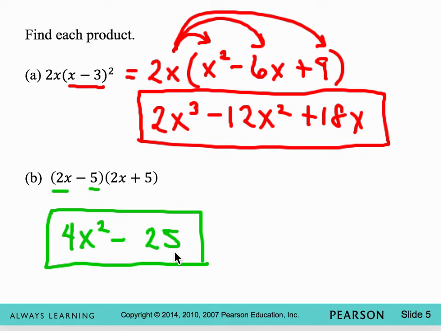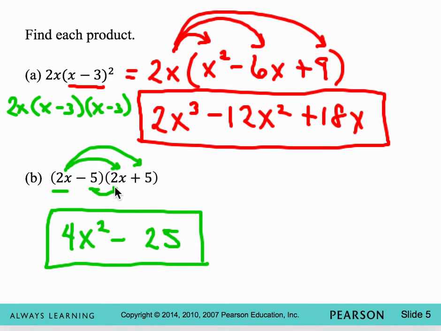Now, let me make one comment. Technically, if you're careful about this up here, and you know to rewrite it like this, you can always get your answer by our regular distributive property that we talked about in the last video, right?